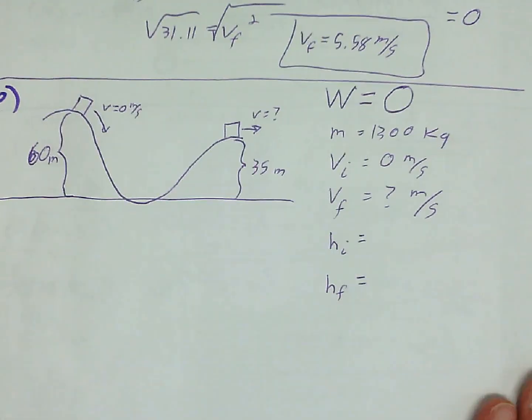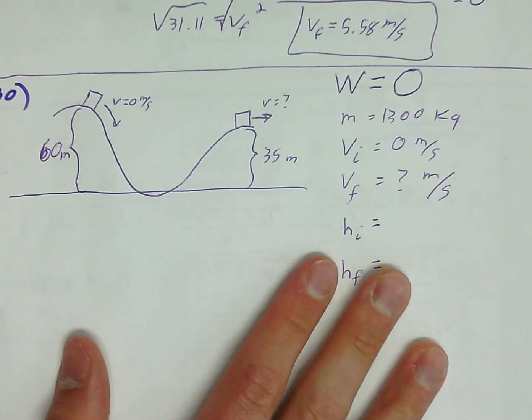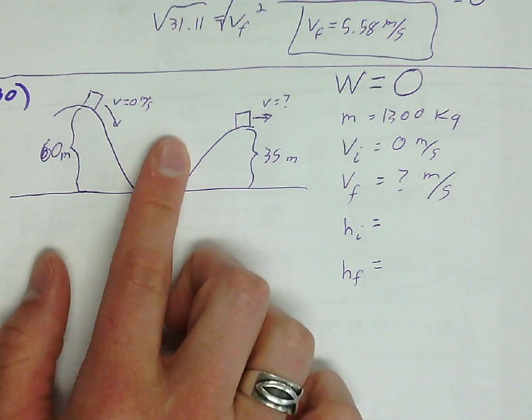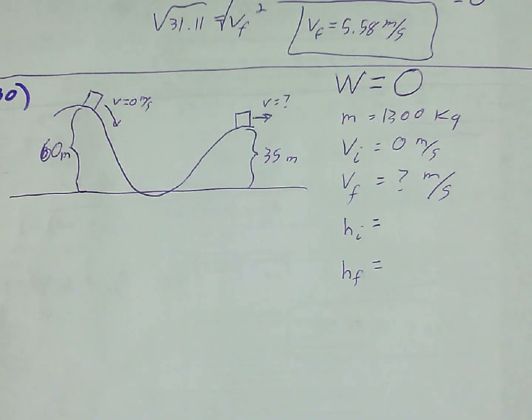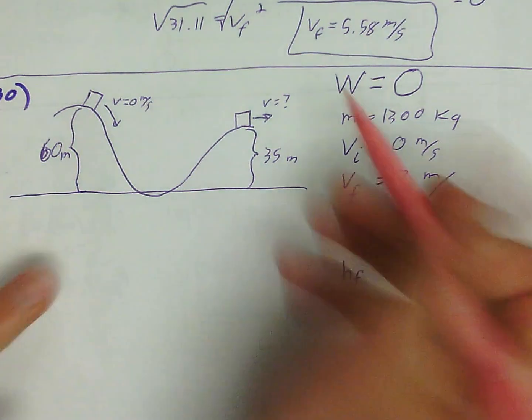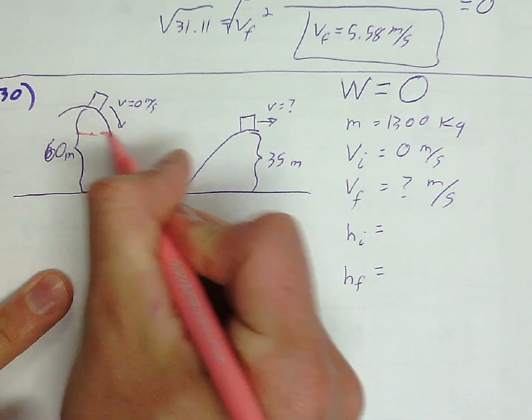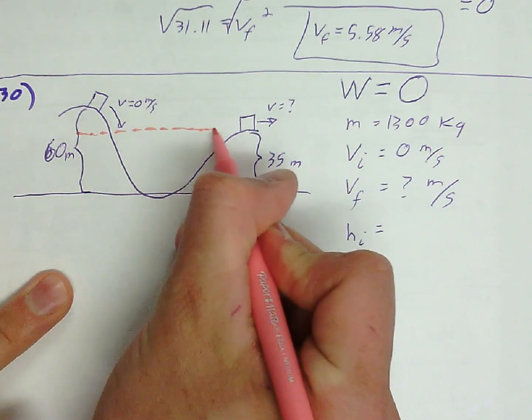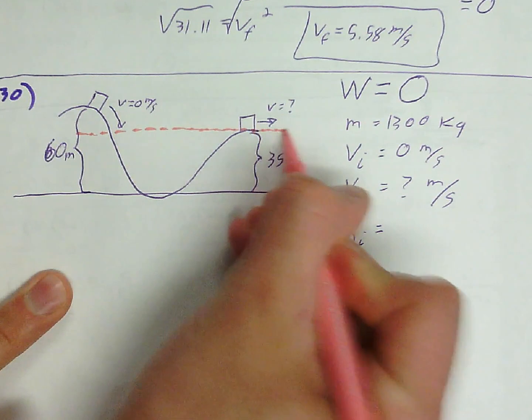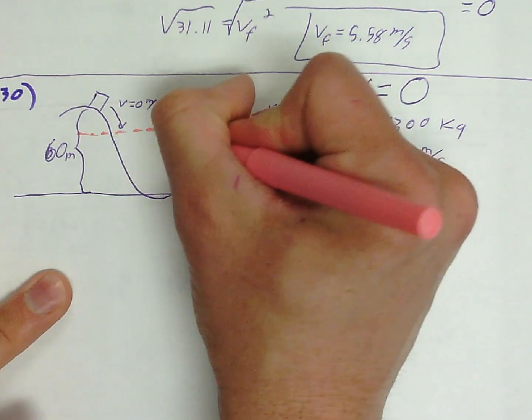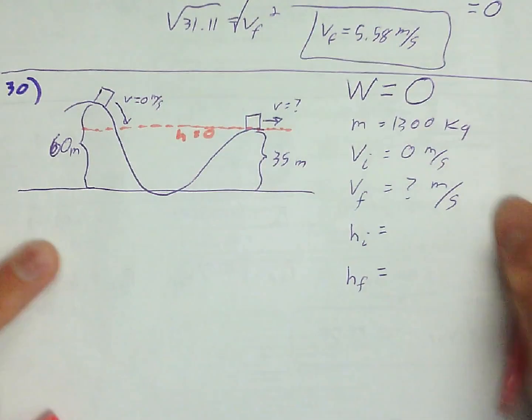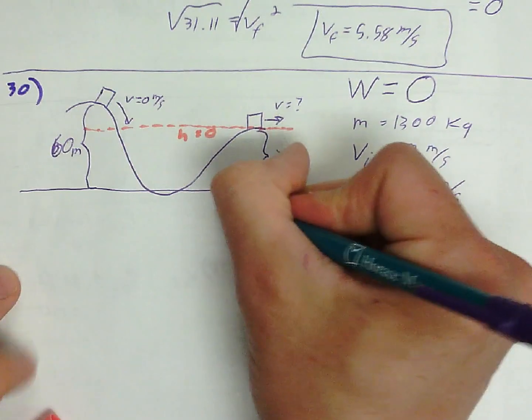But there is another way to do this. Some of you may look at this and think, well, I could talk about how high it is above the second hill. So I could call that my height of 0, or I could call the ground 0, either way.